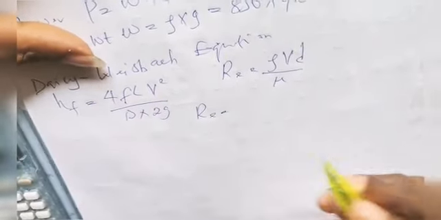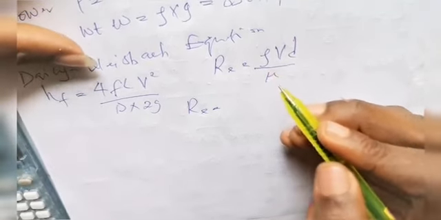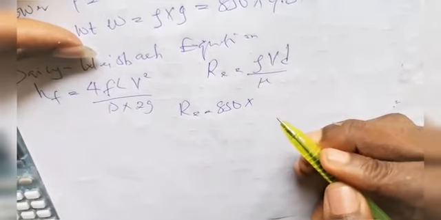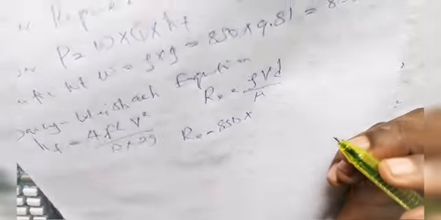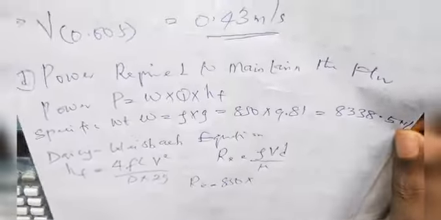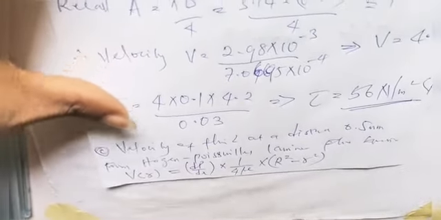So Reynolds number is equal to, rho is density, in this case the density of the oil, which is 850, multiplied by V, and V remains the velocity of flow of the fluid. Recall earlier we calculated the velocity of the fluid and we obtained 4.2 meters per second. So we simply input that into the equation for Reynolds number.